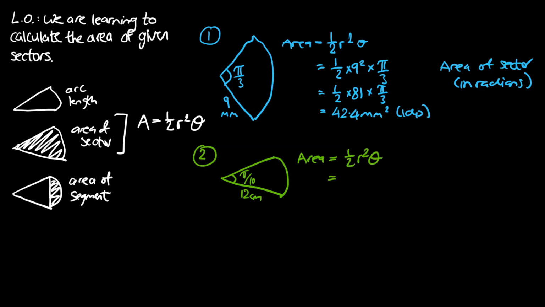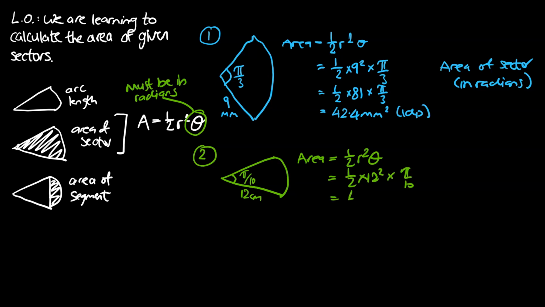And don't forget that angle must be in radians, so we should actually note that down before. So must be in radians. Okay, so that's going to be 1/2 times 12 squared times pi over 10.